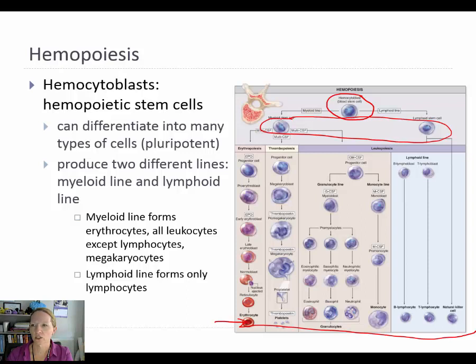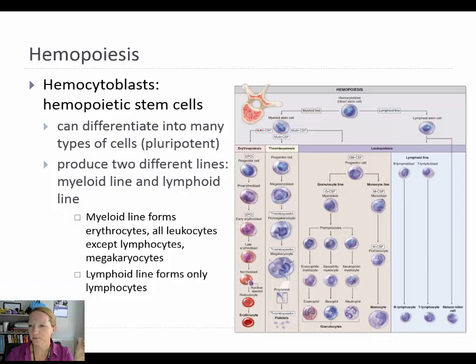Hemocytoblast is going to differentiate into a myeloid stem cell, and it's also going to give rise to a lymphoid stem cell.